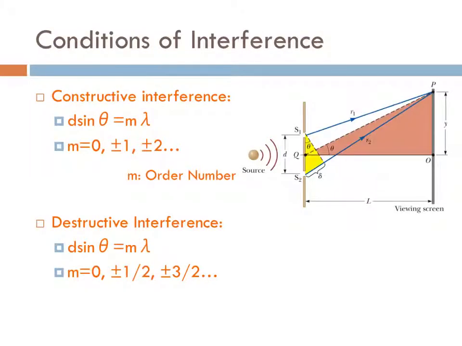So we said that we are going to have constructive interference when they are either lined up exactly, meaning there's no difference in wavelength, or when they're exactly one wavelength apart, or whole number wavelengths apart. So this distance, d sine theta, which is this bottom portion, if that is equal to m times lambda, then we're going to have constructive interference, where m is going to be referred to as the order number. So when you shine light through these two slits, you're going to see these bands.